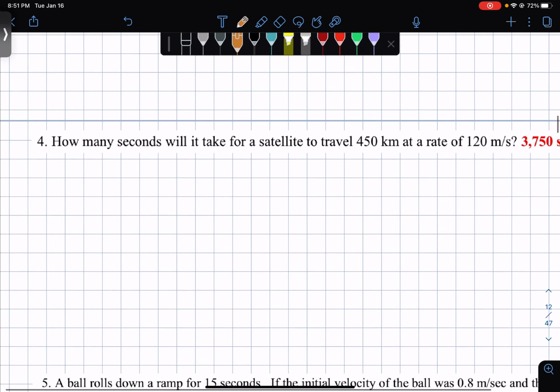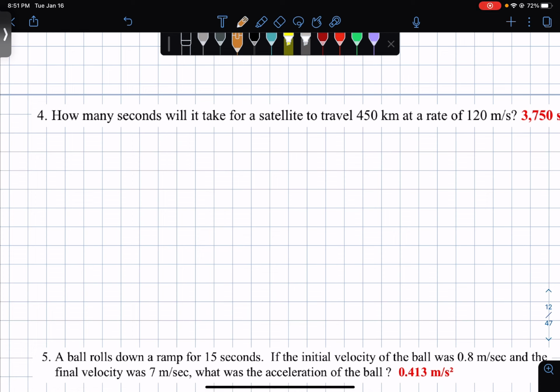So let's move on. How many seconds will it take for a satellite to travel 450 kilometers at a rate of 120 meters per second? So we have to look for the time. We have 450 kilometers, so we have to convert this into meters.